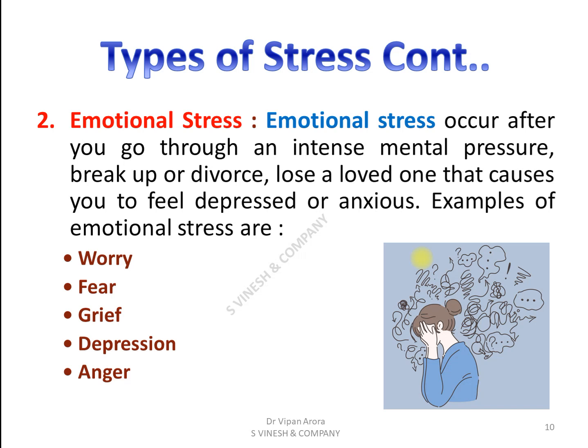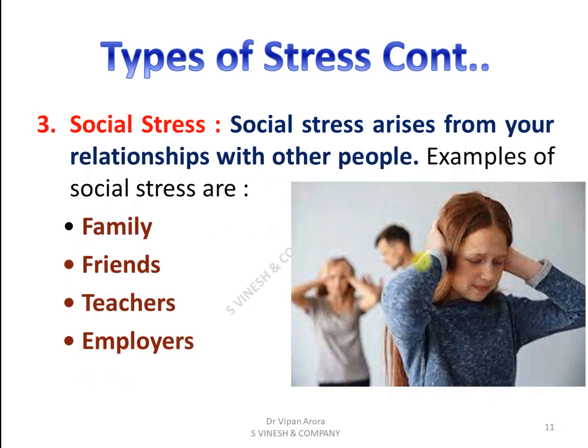If you feel that a person is going away from you, you would be in emotional stress. You may feel depressed, you may feel anxious. Examples of emotional stress are worry, fear of something, grief, depression, and anger is also a kind of emotional stress.